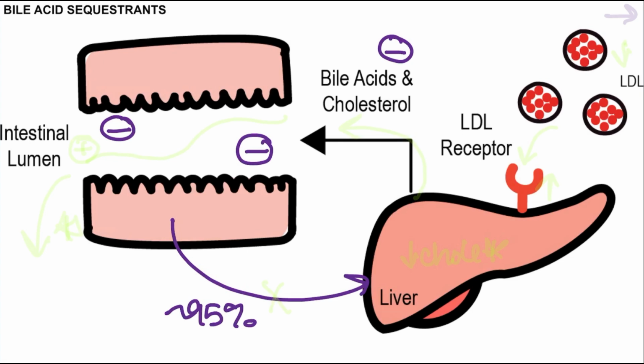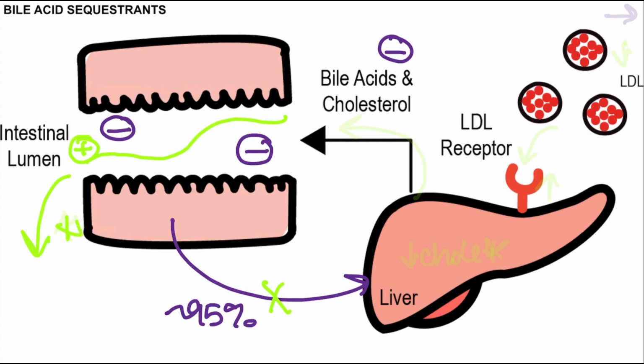However, administration of bile acid sequestrants, which are large, positively charged molecules, will bind these negatively charged bile acids and prevent their reabsorption. Because of the size of these bile acid sequestrants, they are not absorbed either. So the end result is fecal excretion of these bile acid sequestrant complexes.